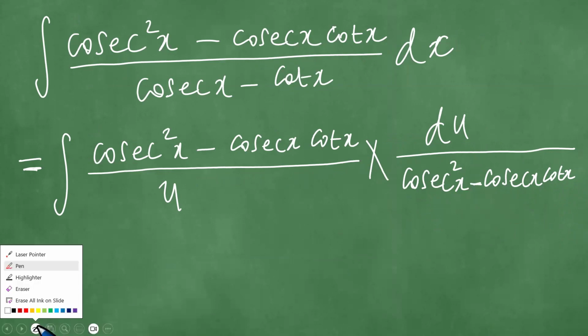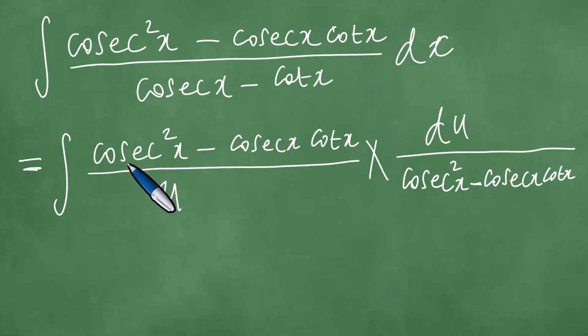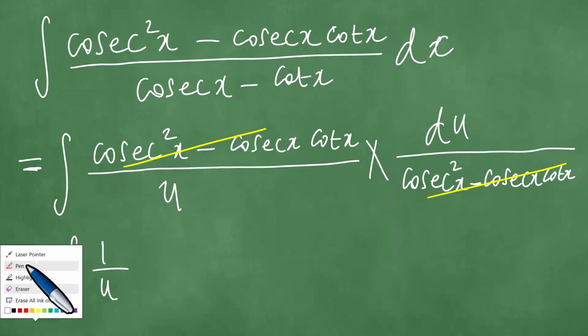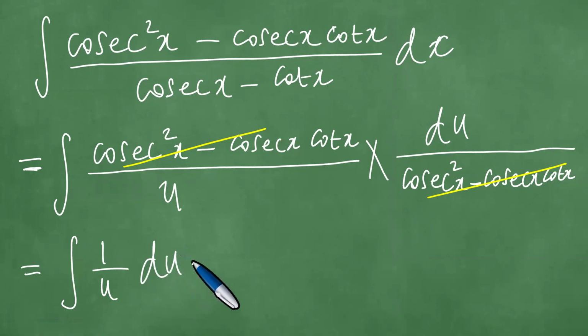Right, and upon careful examination, we're able to cross this out, and upon crossing that out, we have therefore that this is the integral of 1 over u du.